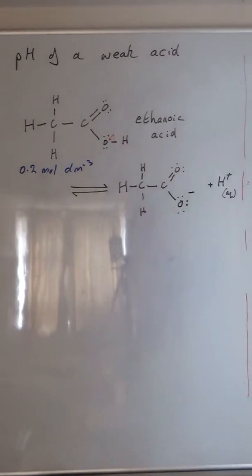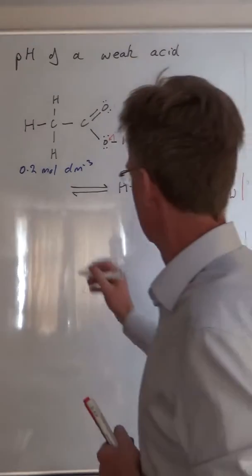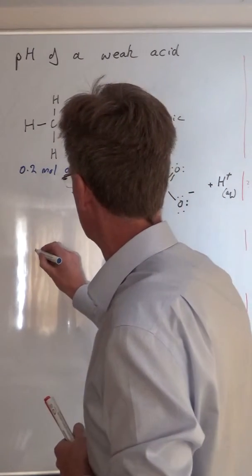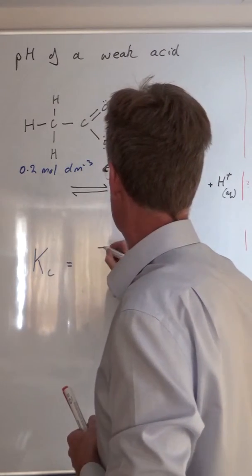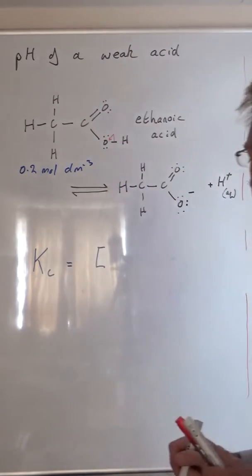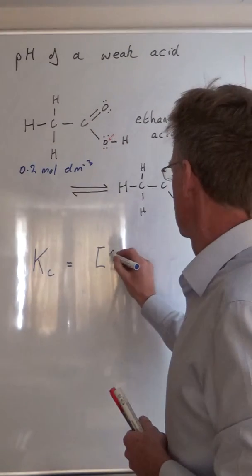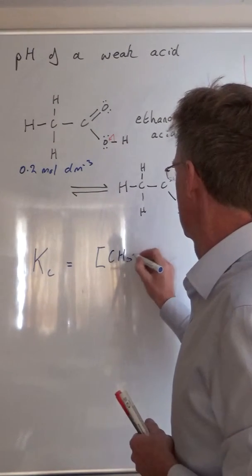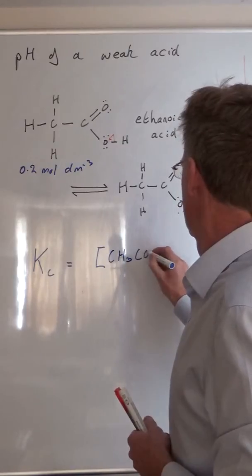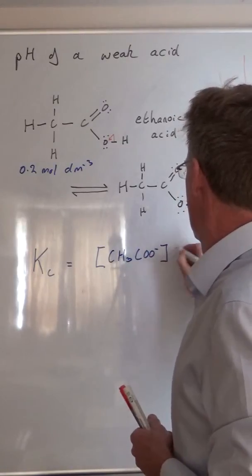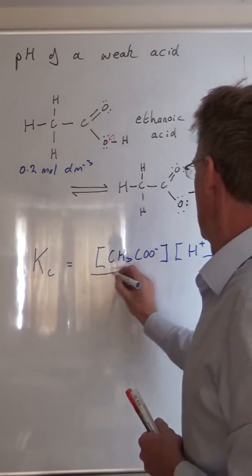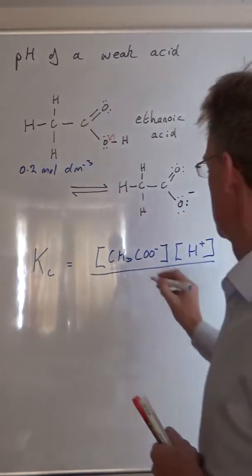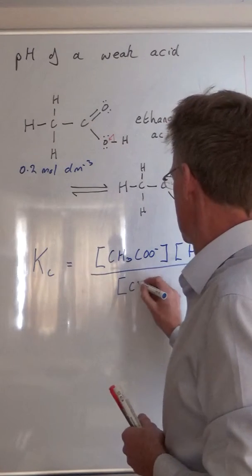Now, the approach to this is based on what you know about equilibrium. It's a reversible reaction. So just like any other equilibrium reaction, we can define an equilibrium constant. I can write Kc, and I would write on the top the ethanoate ion, CH3COO minus, and then the H plus, and that would be over the concentration of the undissociated acid.